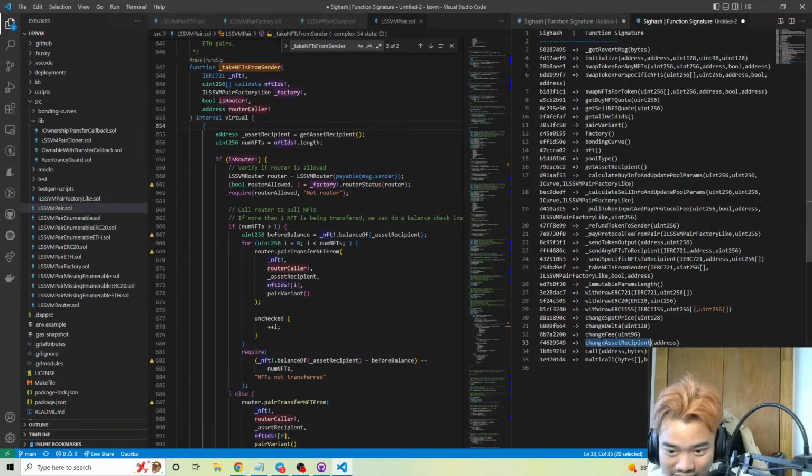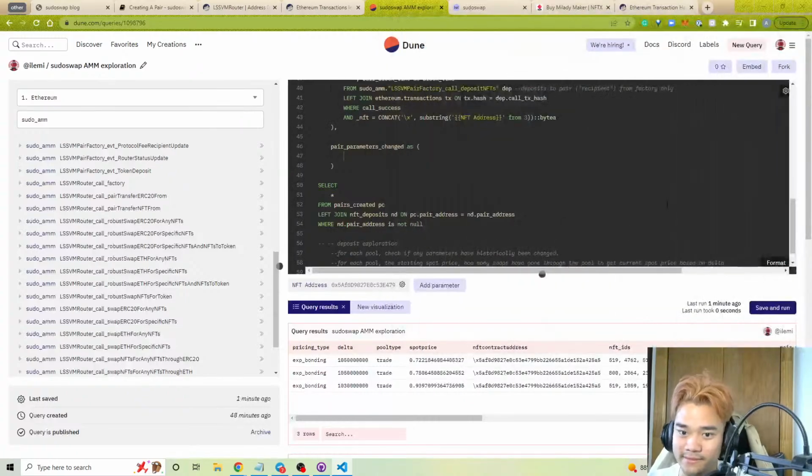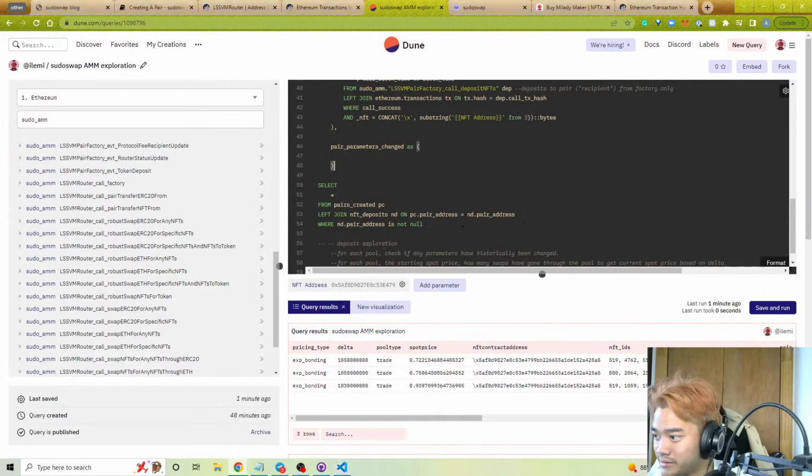I don't care about asset recipient. I don't care about fee. I do care about delta. I do care about price. It's interesting. You can't change the bonding curve. I wonder why. So we need these two. All right.